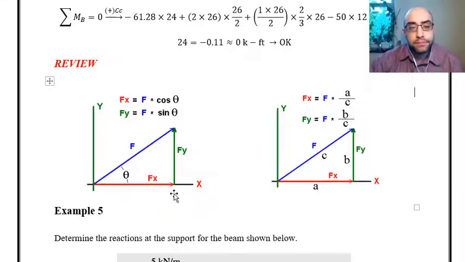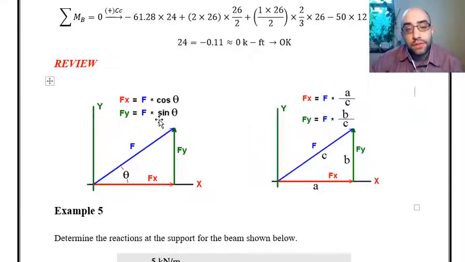But in some situations, instead of having this angle, we might have the size of the sides in the triangle. For example, we might have A, B, and C as the dimensions of the triangle sides. In such situations, we can directly calculate the ratio of these sides with respect to C, and then use it as the equation for finding these components.